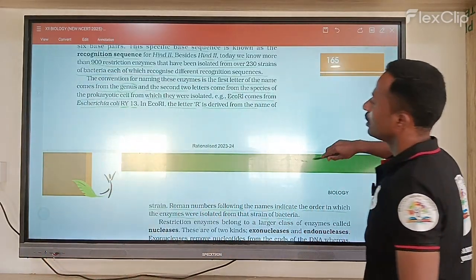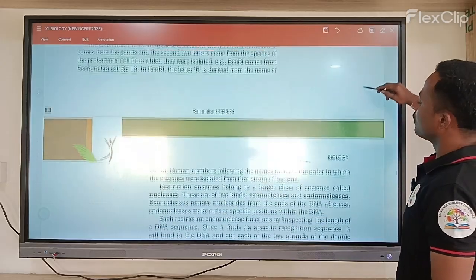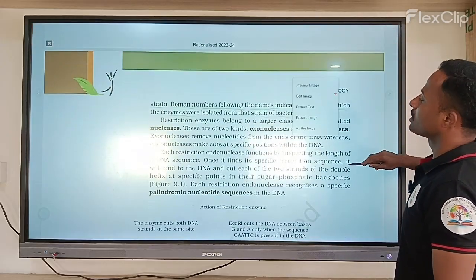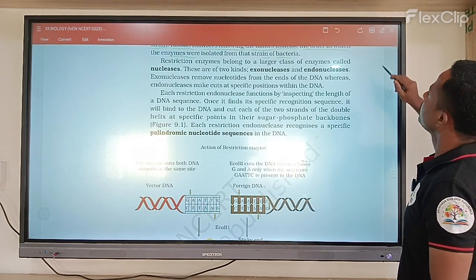So we can easily tell from where it was isolated, that is, the strain of the bacteria.